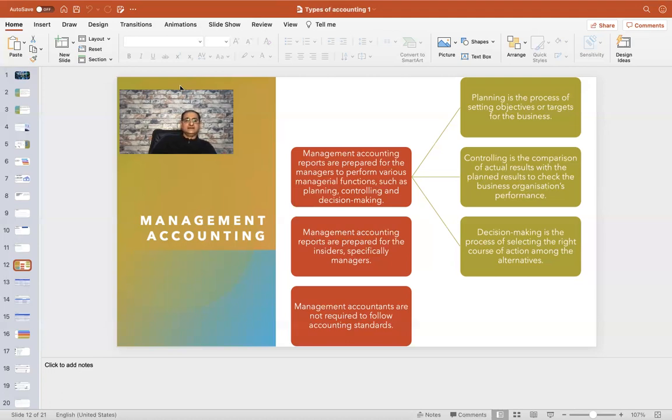We said that the target is to generate the revenue of £1 million. Okay, at the end of the year, now we have the actual number. Let's suppose the actual revenue is £1 million as well. So £1 million was the target, and the organization is able to achieve that objective. They have generated the revenue of £1 million.